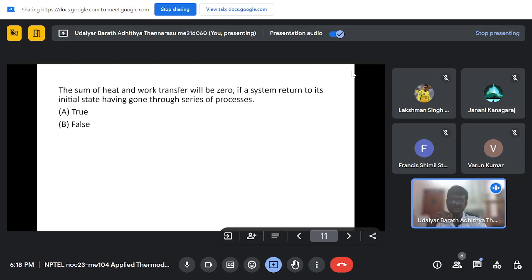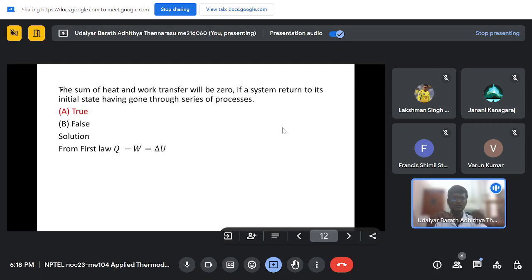If you see, this is just a twisted statement of the first law. The system returns to its initial state, so it has gone through a cycle, and for any cycle, the property of that system will be the same if it has reached its initial state.